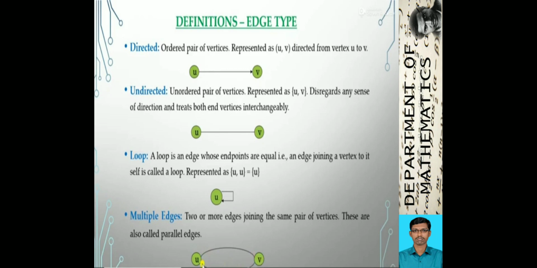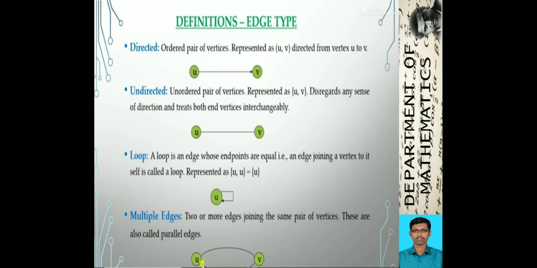Now the undirected edge: an unordered pair of vertices represented as UV disregards any sense of direction and treats both end vertices interchangeably. Suppose we have two vertices U and V and join them. Here there is no direction. This is the undirected edge.